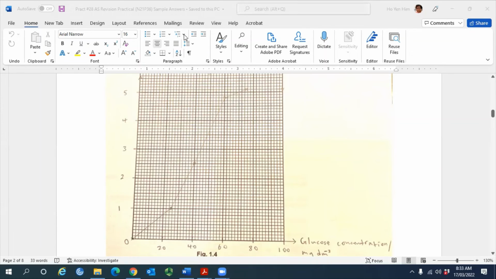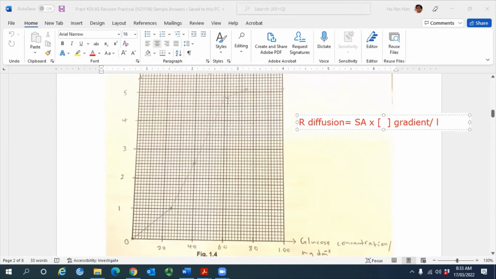This tallies with the formula for the rate of diffusion: rate of diffusion is surface area times concentration gradient divided by distance. Therefore, as the concentration increases, the concentration gradient increases, so the rate of diffusion increases.